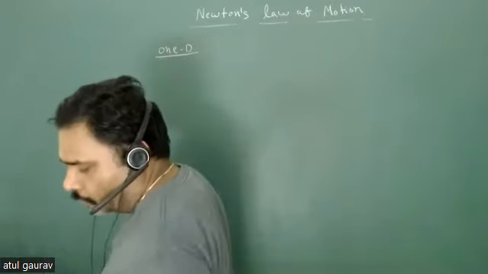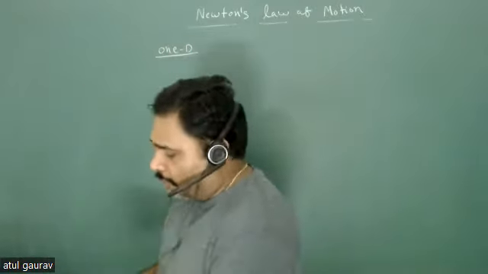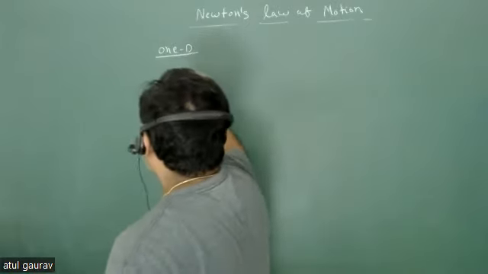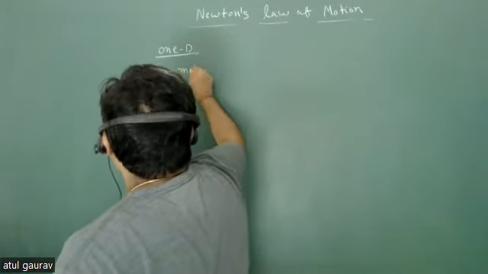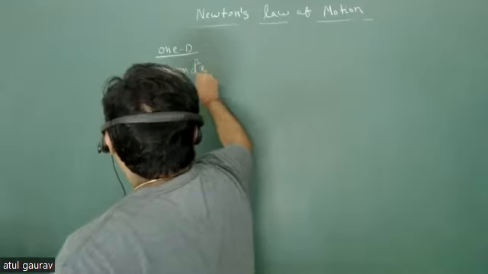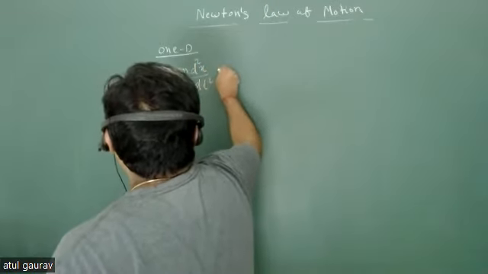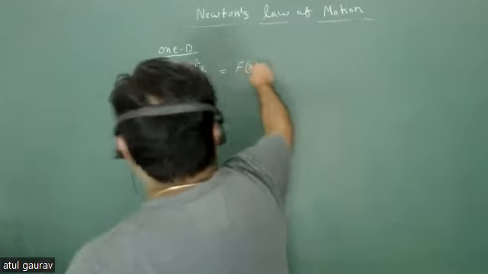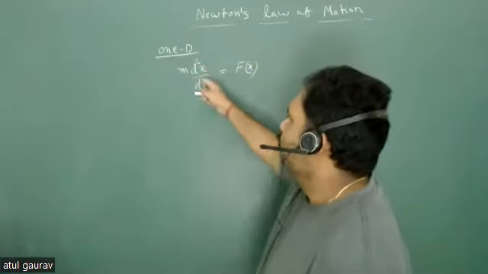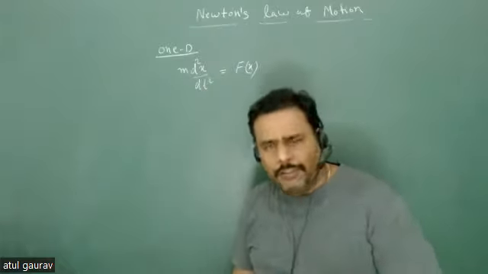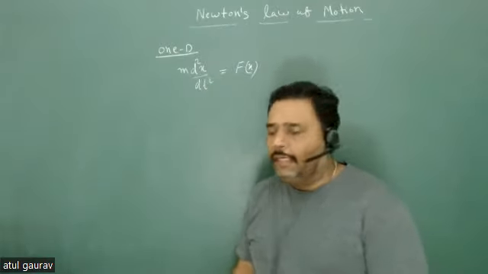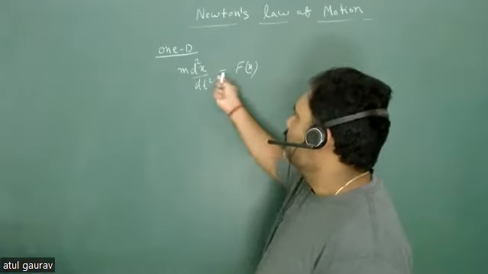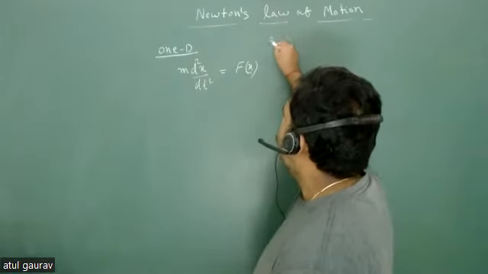So we have to solve a second order differential equation, something like m d square x upon dt square is equal to some function f(x), and this is nothing but force, the rate of change of velocity or rate of change of momentum. This is a second order differential equation.